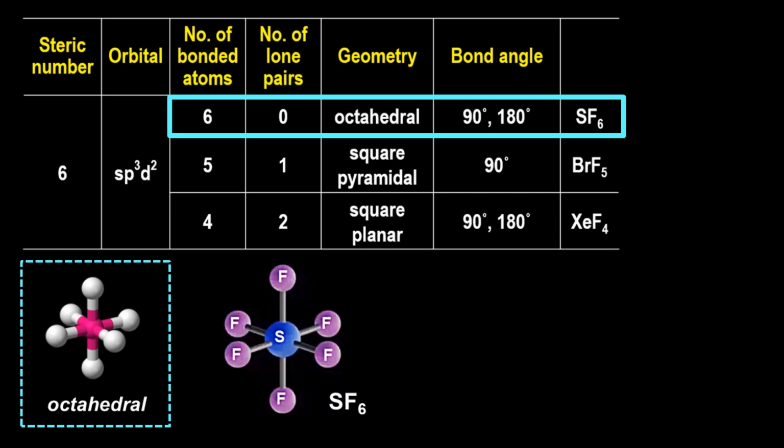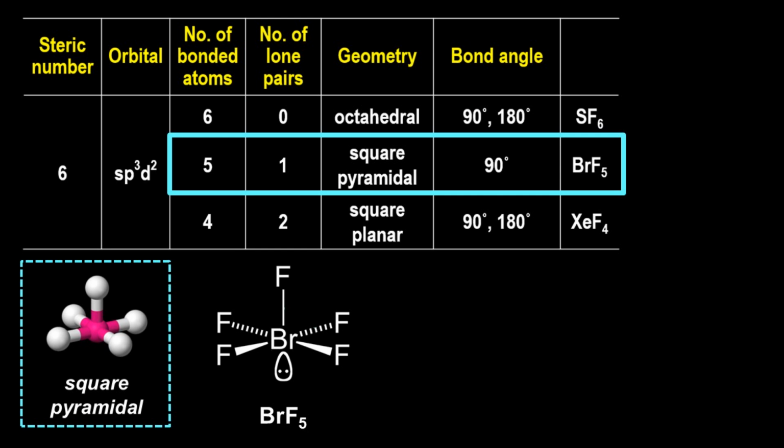Finally, when the steric number hits 6, we're working with sp³d² hybridization. If all 6 positions around the central atom are filled with bonded atoms, the molecule takes on an octahedral shape with bond angles of 90 and 180 degrees. A classic example of this is sulfur hexafluoride, SF6.